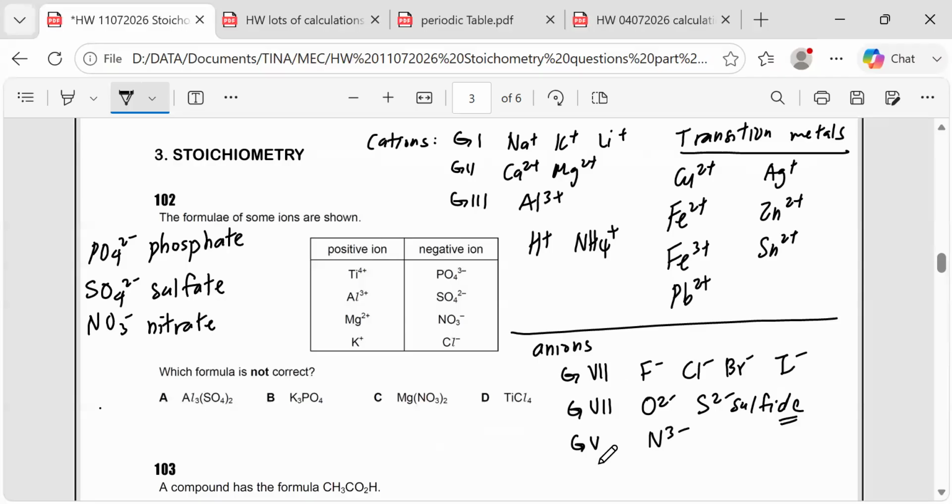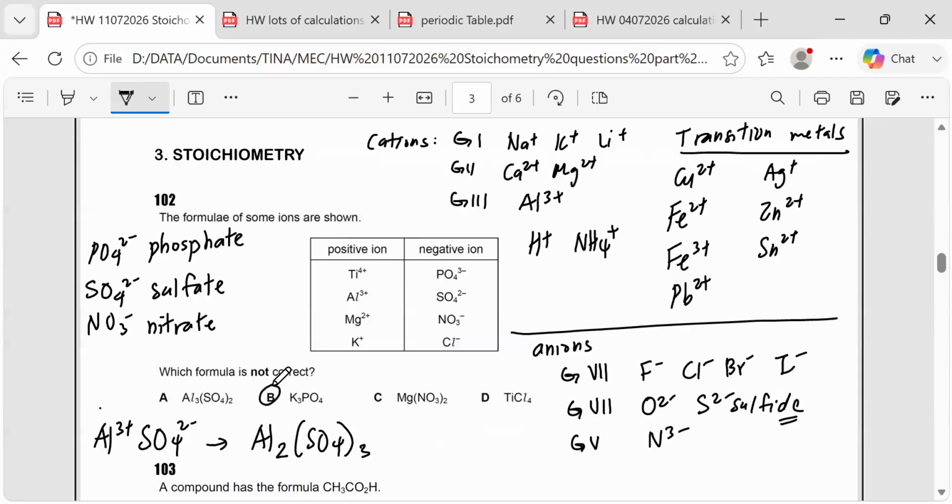So we have done this list many times. How do you know the formula? You're supposed to do the swapping. So this is aluminium sulfate. Obviously, it's wrong because aluminium is 3 plus, sulfate is 2 negative. The formula is supposed to be Al2(SO4)3.